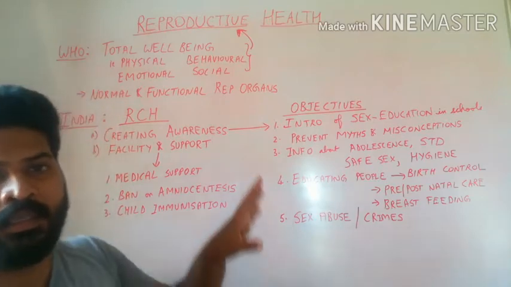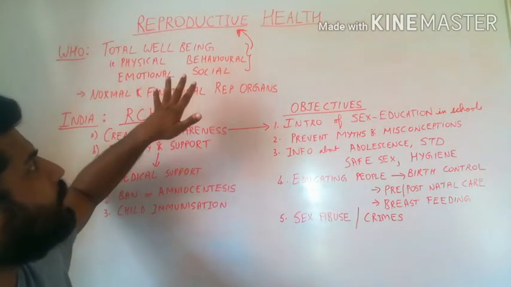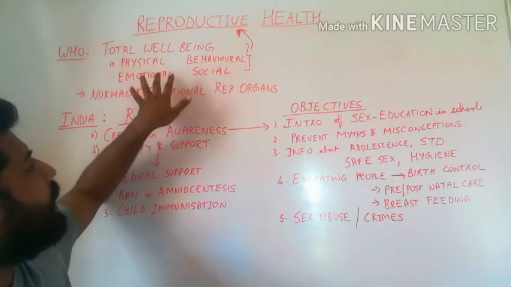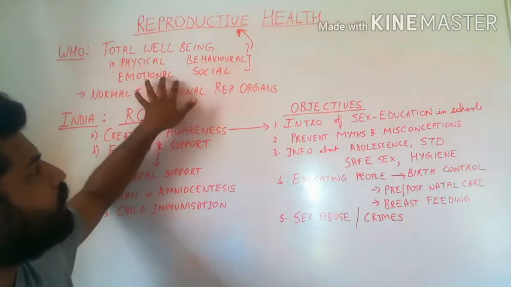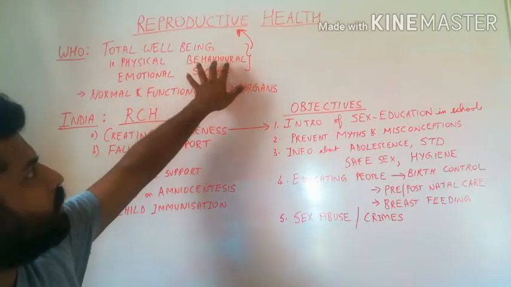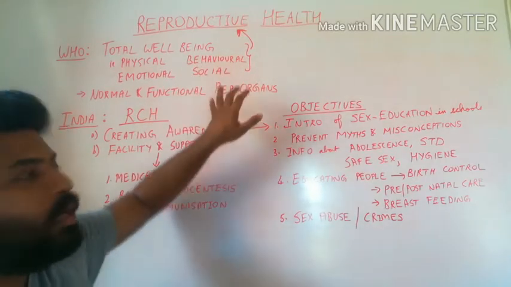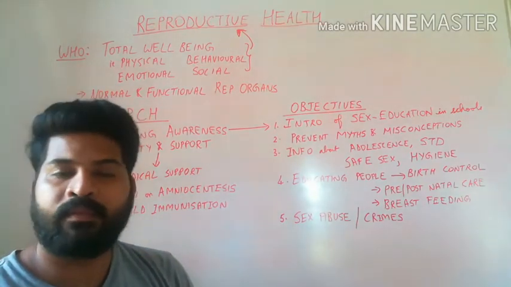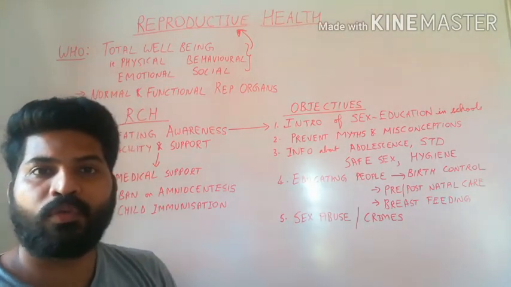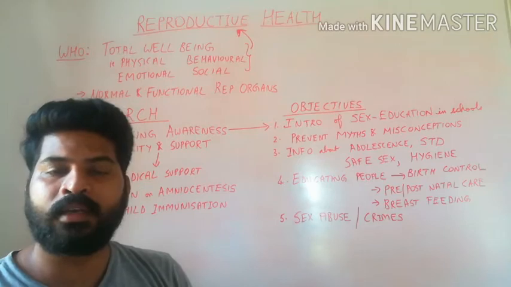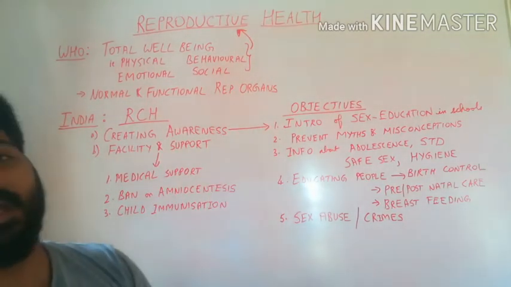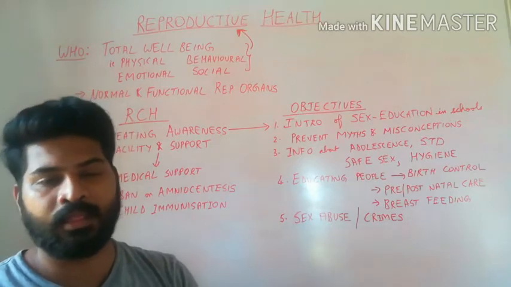A person is said to be reproductively healthy if he or she is physically and emotionally fit, as well as they display normal behavioral and social behavior in terms of all sex related aspects. Such a society can be said to be reproductively healthy.